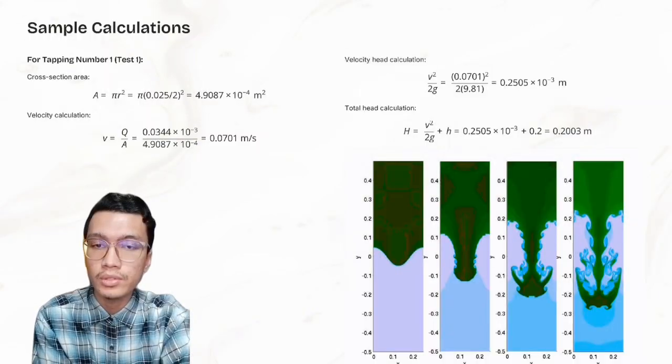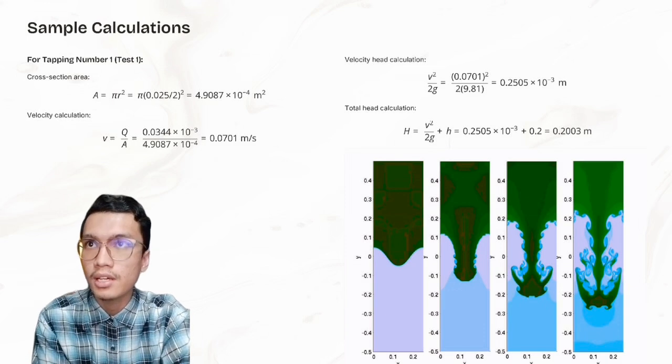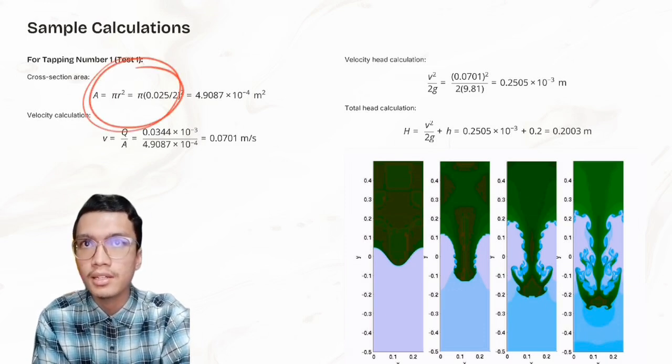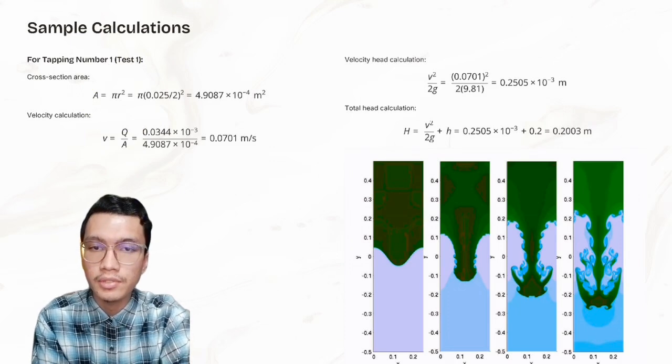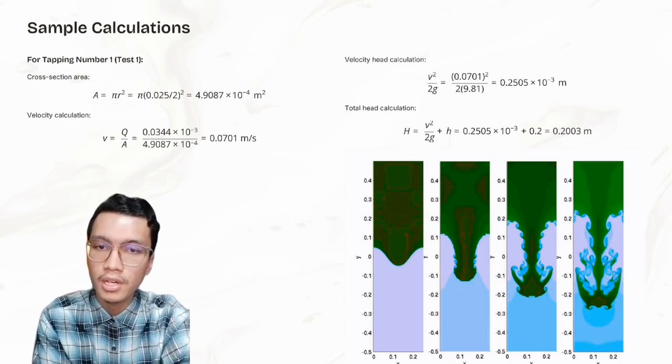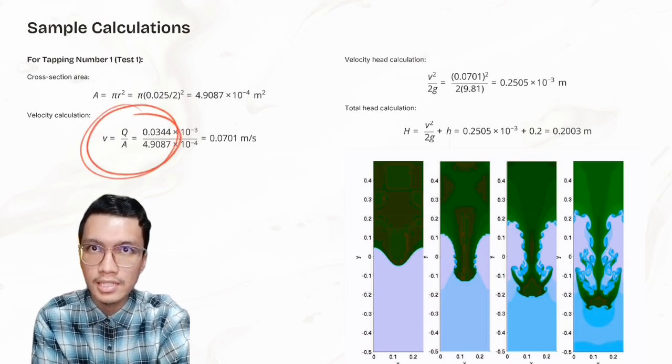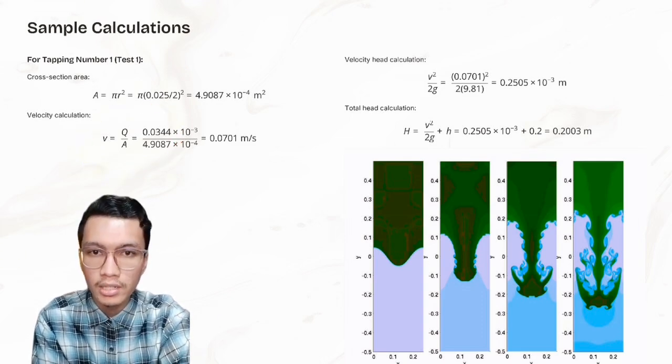Next is the sample calculation. We are going to use the data from test 1. For the cross section, the formula is pi r squared, and the answer is 4.9087 times 10 to the power of -4. For the velocity calculation, we use the formula Q over A, and the answer is 0.0701 meters per second.